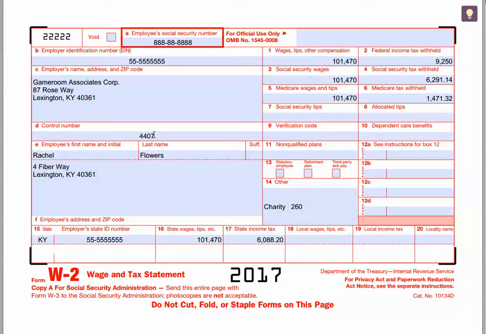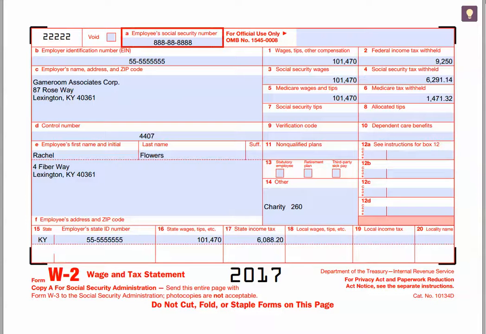The annual charitable contribution was $260, so we'll go down to line 14 for other, and she had charity $260. Kentucky income tax withholding was $6,088.20. Usually whatever line 1 is, that's going to be the same for line 16. And then line 17 is the actual tax that came out. There's nothing else. So that's the end of her W-2.